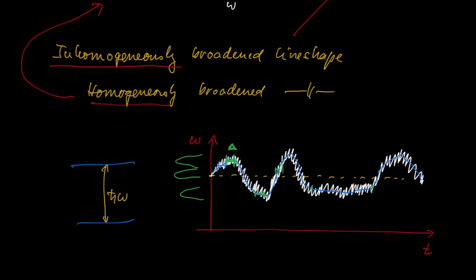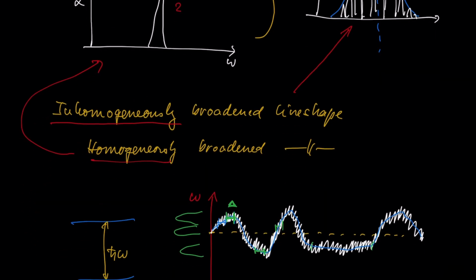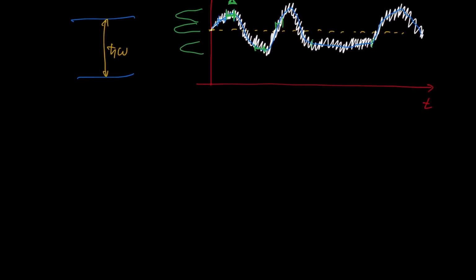All right, so with that we can go further, and we can ask ourselves, what are the properties of the 2D spectrum with respect to this fluctuation of energy gap? We can assume that we replace this time-dependent slow fluctuation by an ensemble of molecules that have a distribution of energy gaps, because this was just one molecule, but at every time in the sample I have a lot of molecules, and they all have a certain position in the spectrum, and I'm averaging over them.